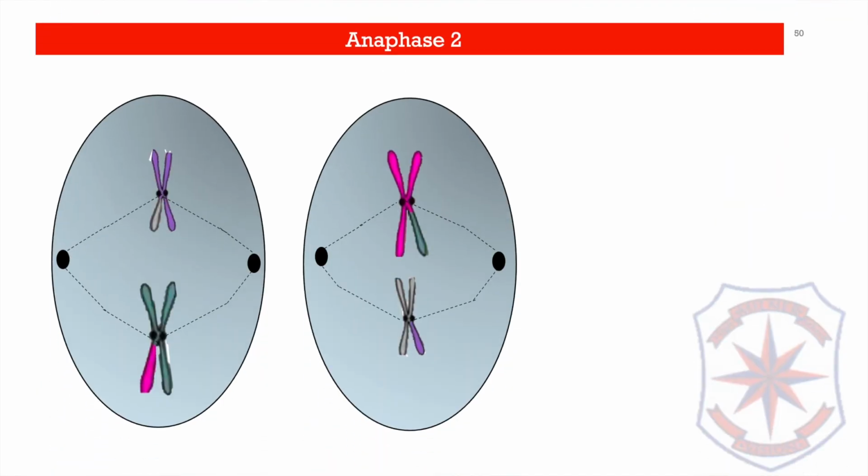Right, now in anaphase 2, we continue from where we left off, okay? Anaphase 2 is similar to anaphase 1, but there are some key differences. Spindle fibers contract just like in anaphase 1, and the chromosomes now will split.